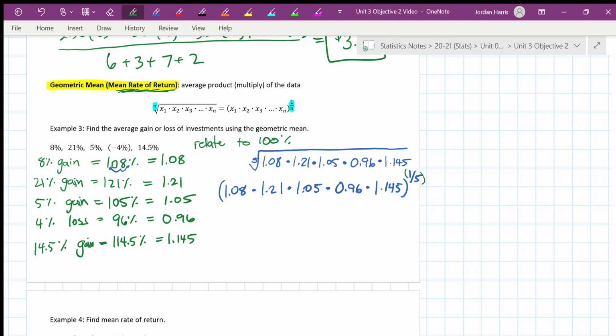So I'm typing in my calculator 1.08, 1.21, 1.05, 0.96, 1.145. Close the parentheses there. Raise that whole thing, and then in parentheses, put the 1/5 power.